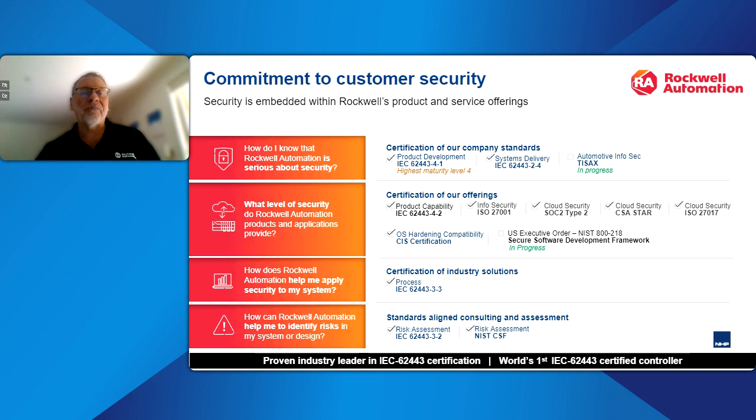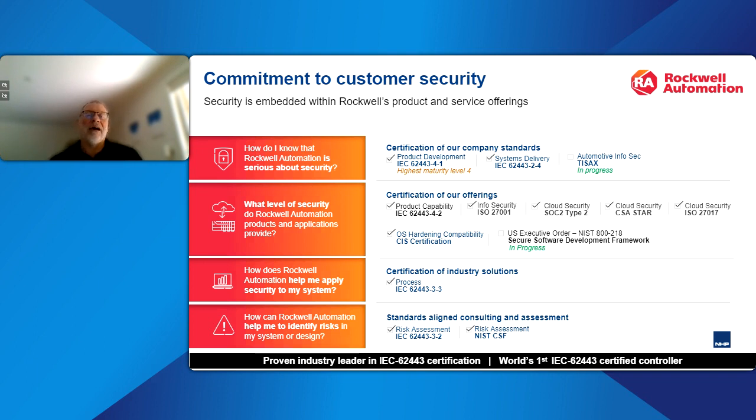From a Rockwell perspective, Rockwell's product certification is to the standard, Part 4-1. Just about all of us and all our competitors are that, but we are at the highest level, level 4. I think every vendor is actually at the highest level regarding product development. The next area is the product capabilities, and it's the 4-2. Logix was the first certified controller to the 4-2 standard, and then as you build up systems and industry solutions like the process, the 3-3.